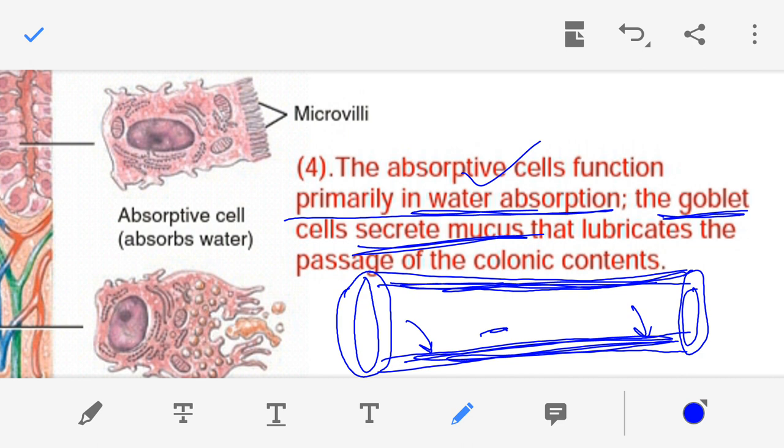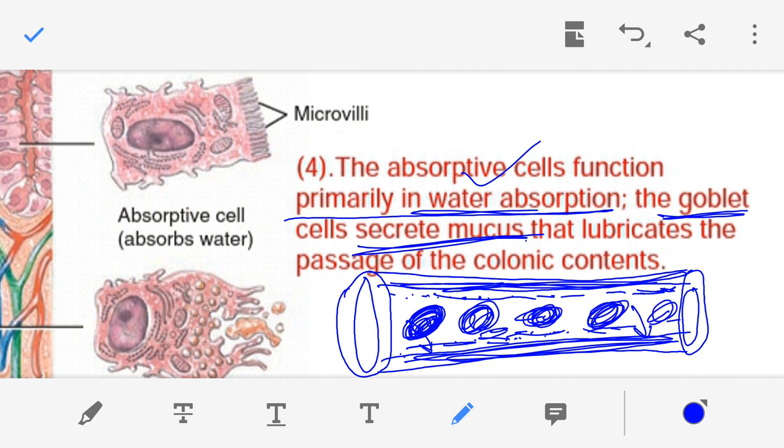Now this goblet cell secretes the mucus. Mucus is slippery, it is watery as well. So due to this mucus, what happens? The digested food can move forward in the large intestine.